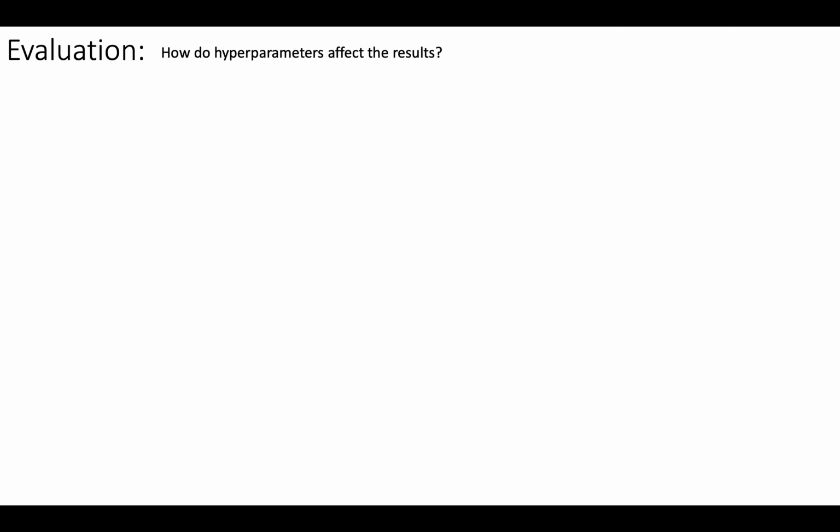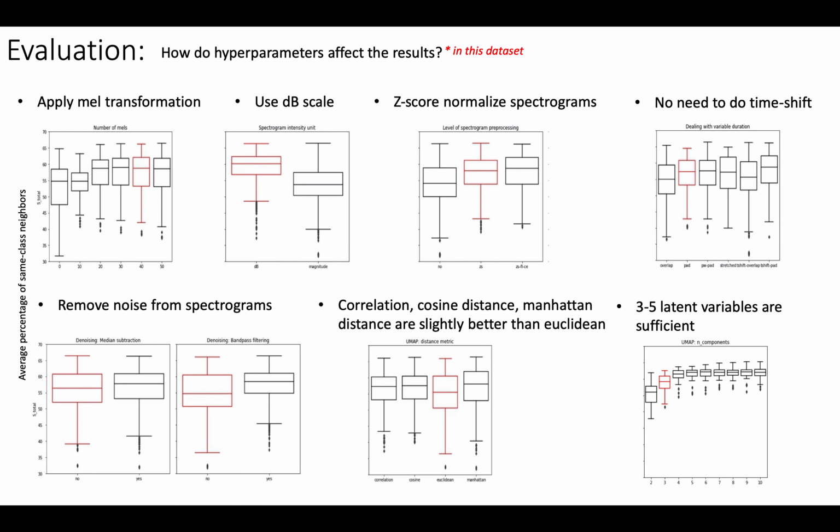In another step, we investigated how different hyperparameters in the computational pipeline affected the results, because there are many steps where you can sort of tweak parameters and you might end up with slightly different representations. Altogether, we found that the analysis was actually quite robust to all the changes that we applied.